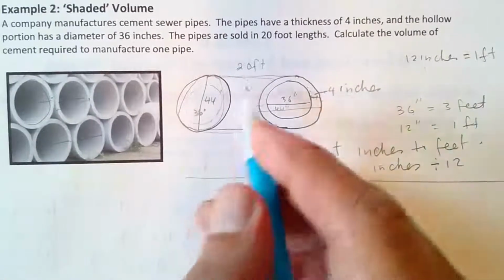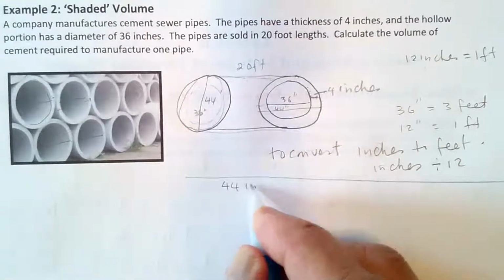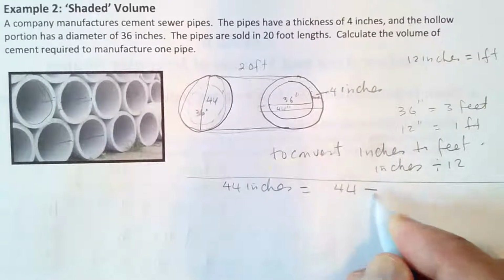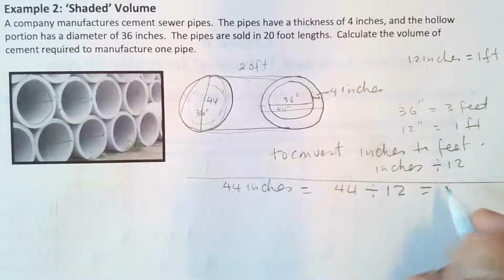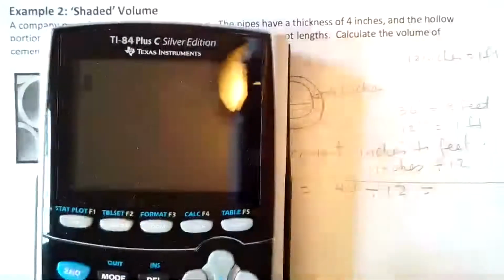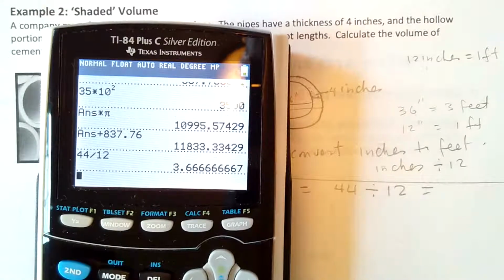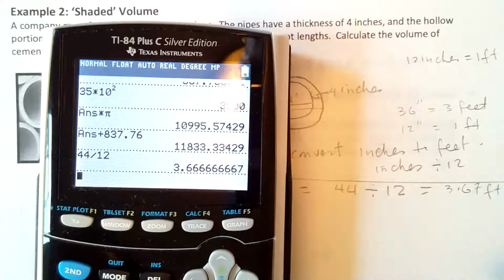So for our outer dimension, 44 inches is equal to 44 divided by 12, which is 3.67 feet.